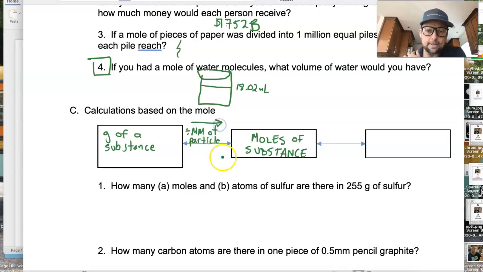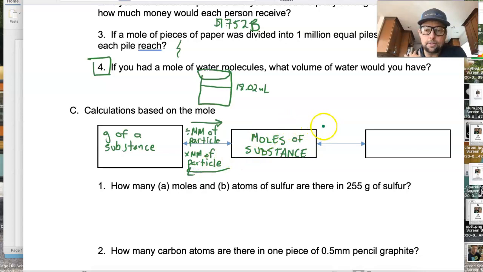That's if we're going in that direction. If we know the moles and we're converting to grams, we need to multiply by the molar mass, again on the periodic table. Remember, for diatomic elements like oxygen, O2, you have to double the 16.00 to 32.00 to find the molar mass of oxygen. And that's going in this direction.